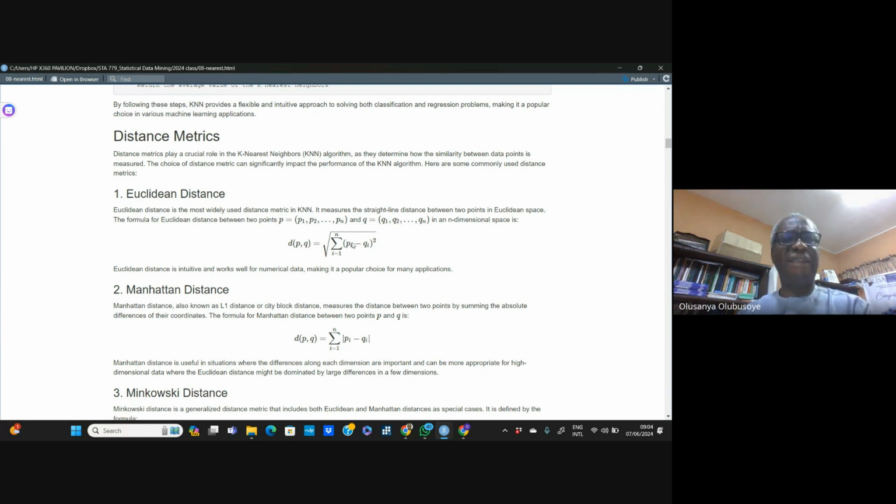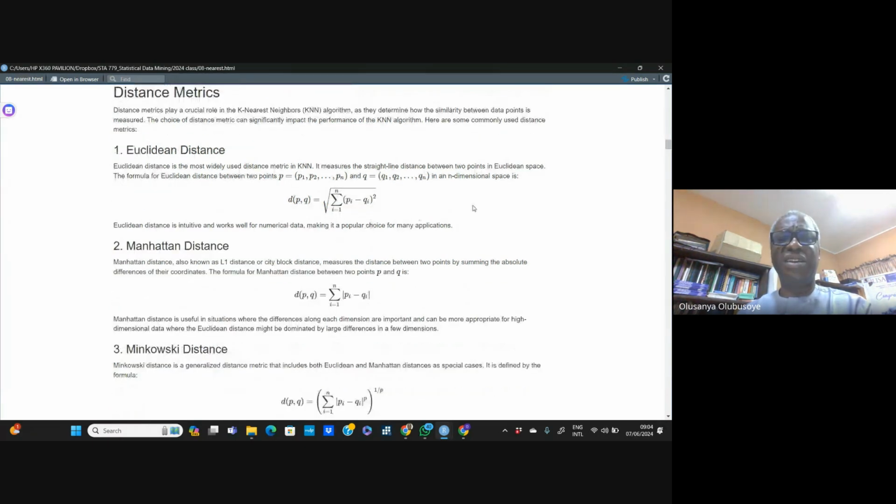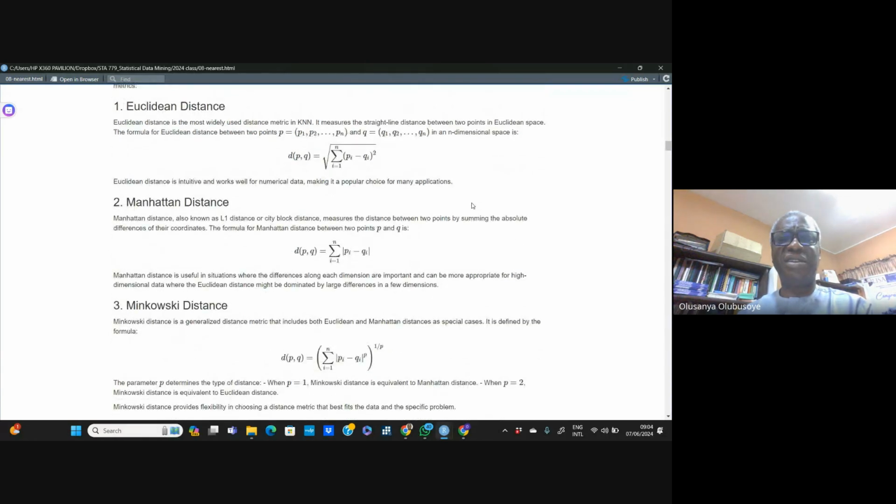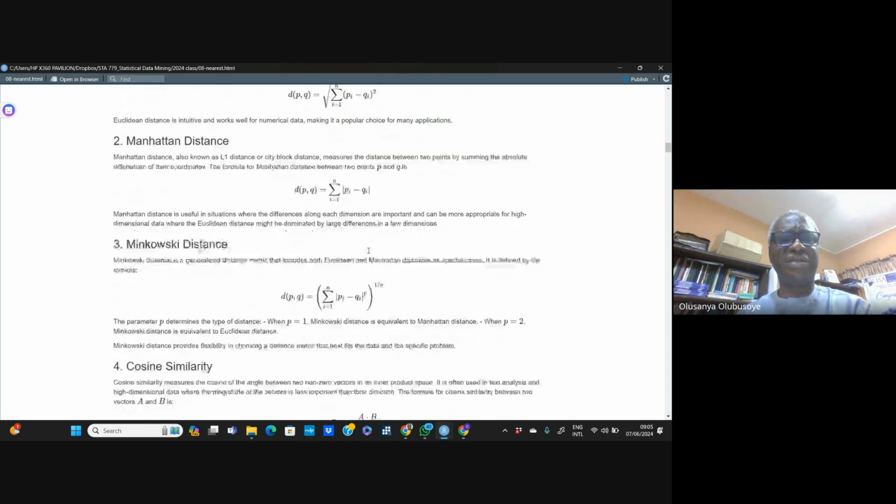I'm sure most of you have come across this in your mathematics. So you have to sum the square of all the distances and find the square root. The Manhattan distance involves summing up the absolute value of the distances.